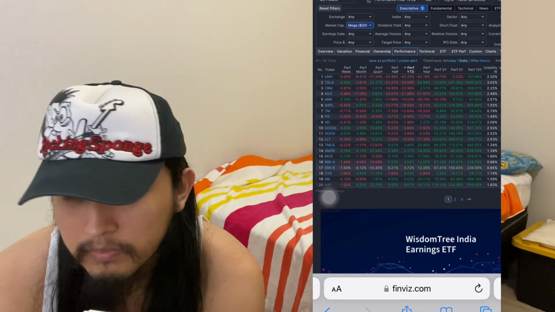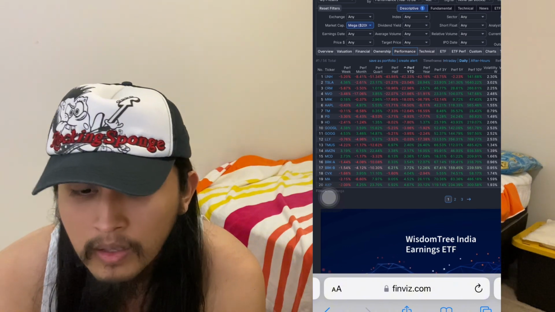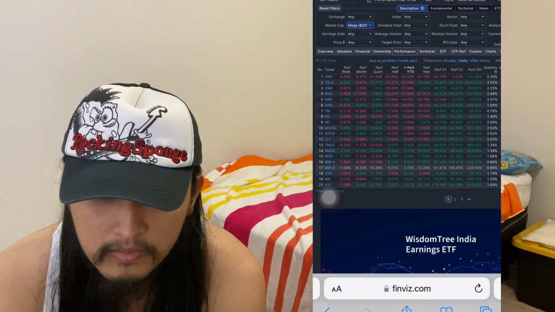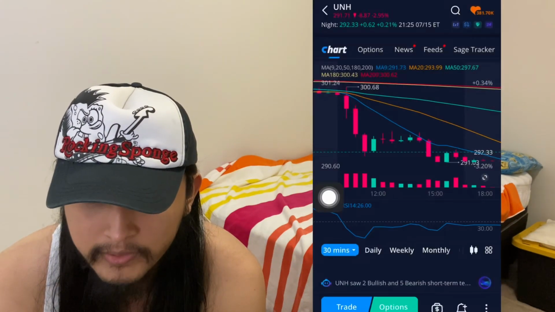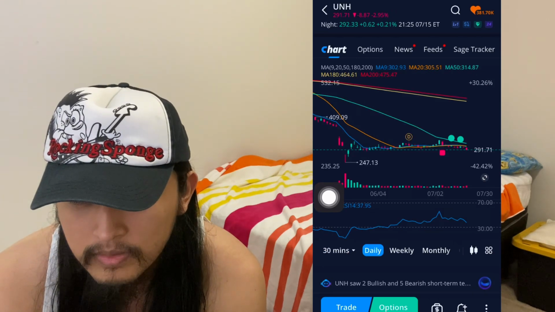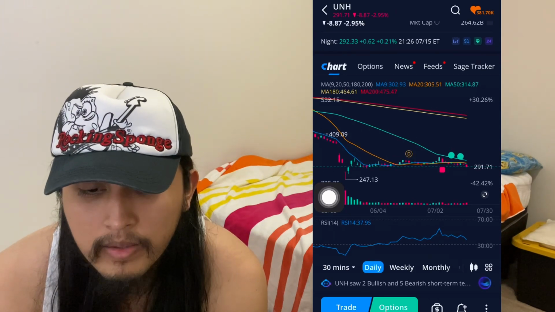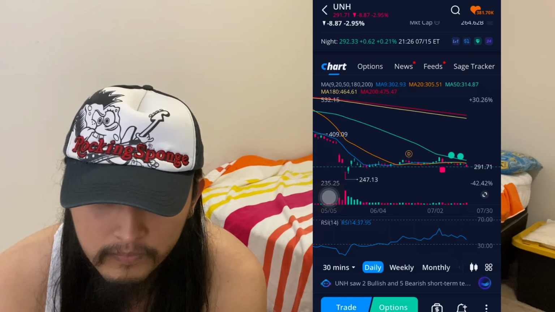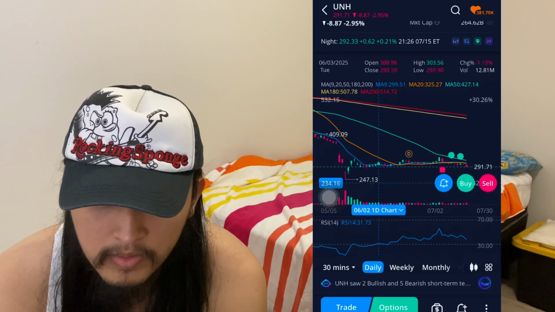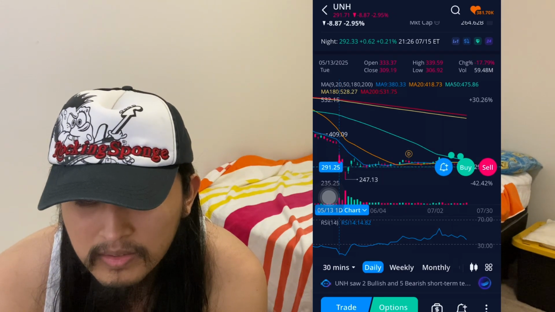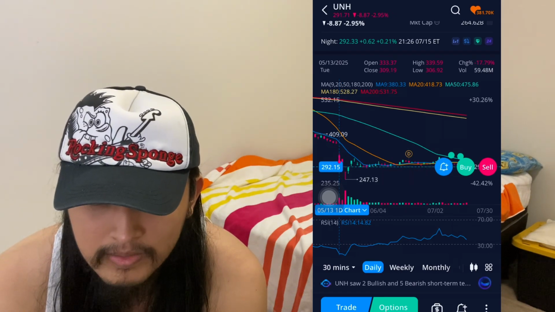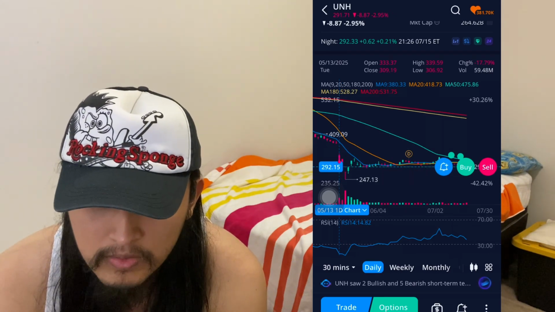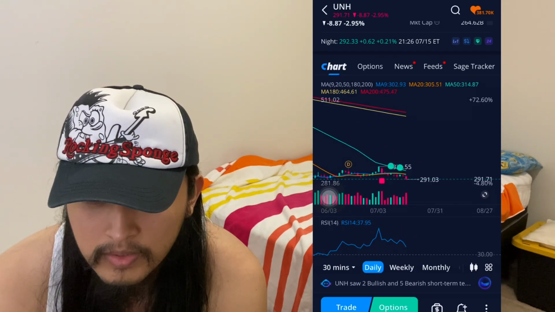Now if I'm trying to play leap options, I'll observe that particular stock on the daily chart and try to map out a certain support level. Like I just mentioned, I see a major support level for UNH around 290 or 289, and I would sell out the position once it approaches the 20-day moving average.